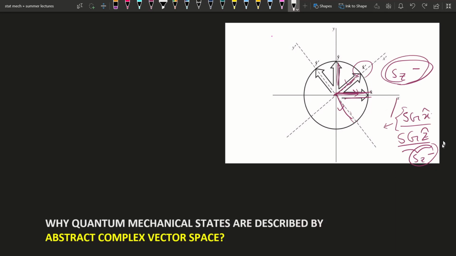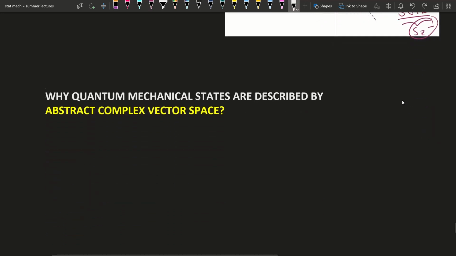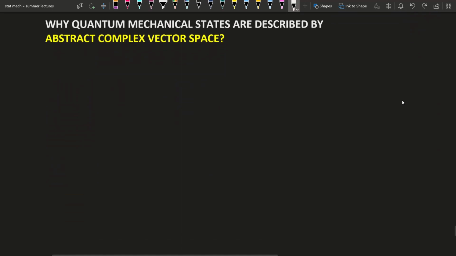It behaves like a vector, right? But not exactly like that vector, because the spin state is not a real vector like our xy coordinate system vector or any position vector. But its behavior is completely similar to a vector. So it is a general vector, and we call this vector an abstract vector.